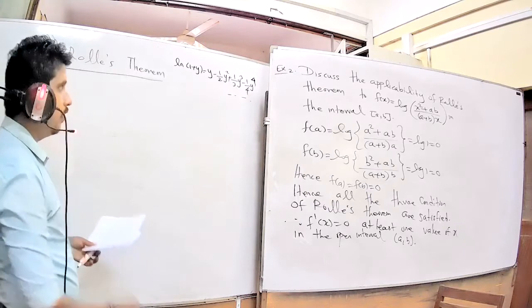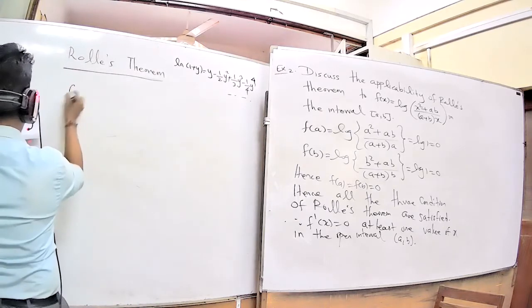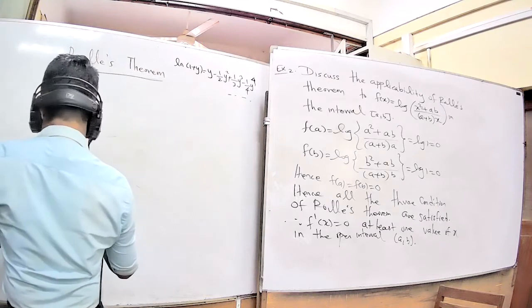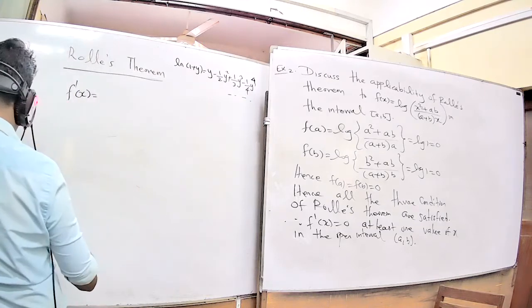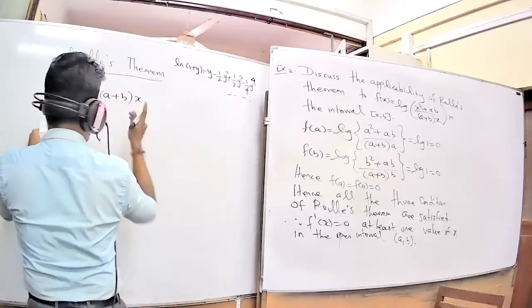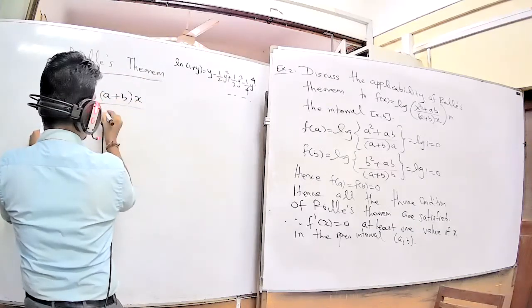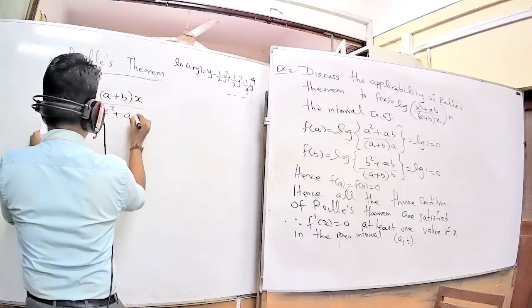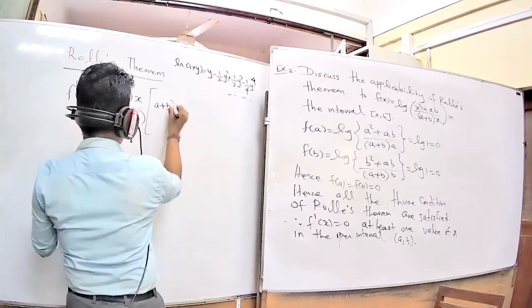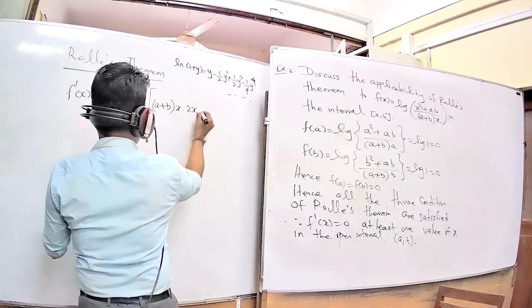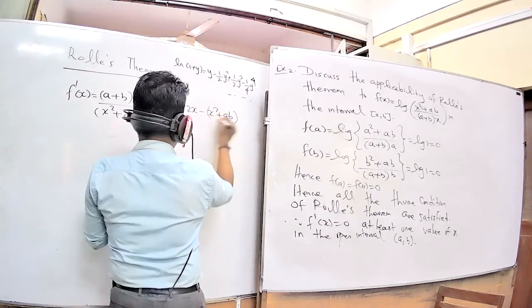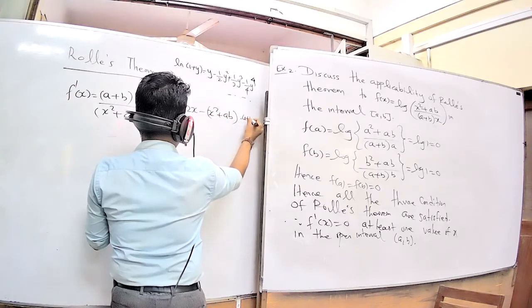The derivative of ln of x over a plus b x gives 1 over that, times a plus b x into 2x minus x squared plus ab into a plus b.